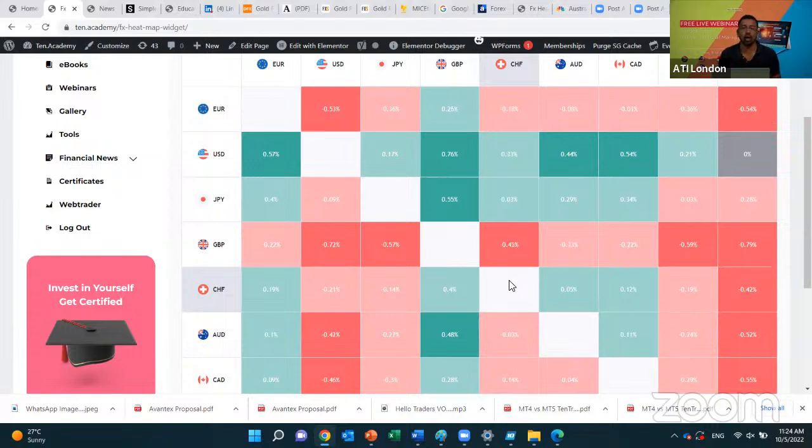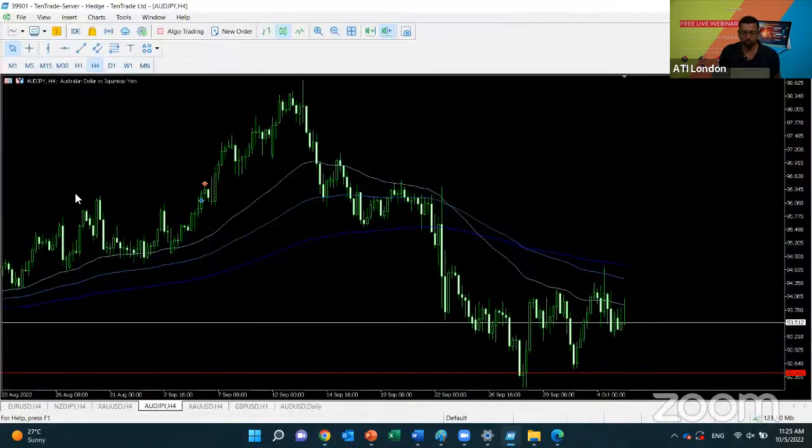Let's take a look at what opportunities there are for us to enter for GBP/USD especially.